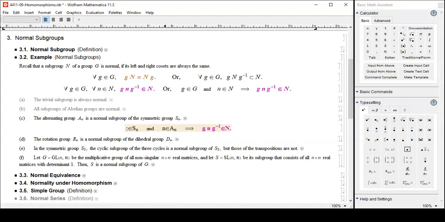So let's do it this way: sigma for an arbitrary element of the symmetric group, and alpha for an arbitrary element of the alternating group, S_n and A_n respectively. And then this is going to be replaced right here as sigma, alpha, sigma inverse, and then this is going to be in A_n.